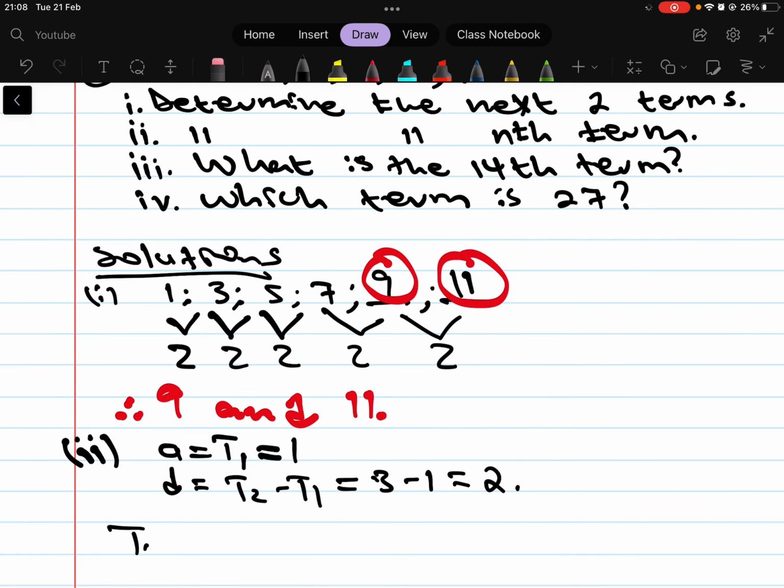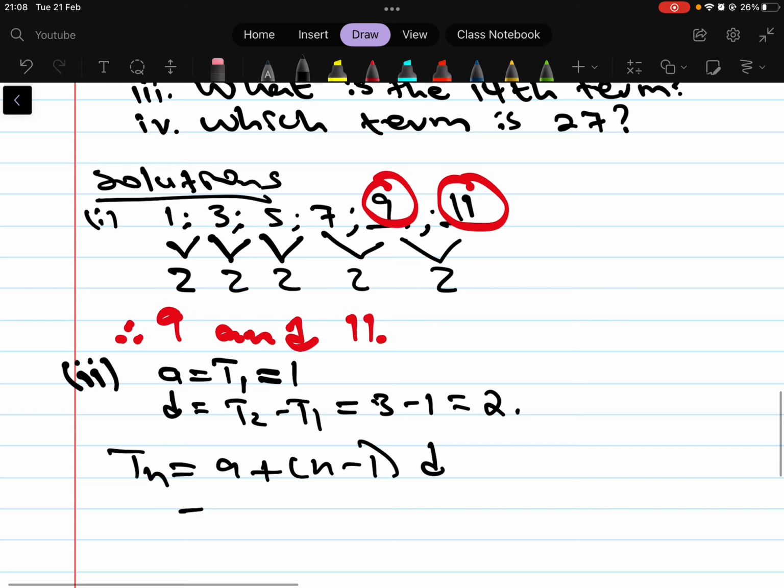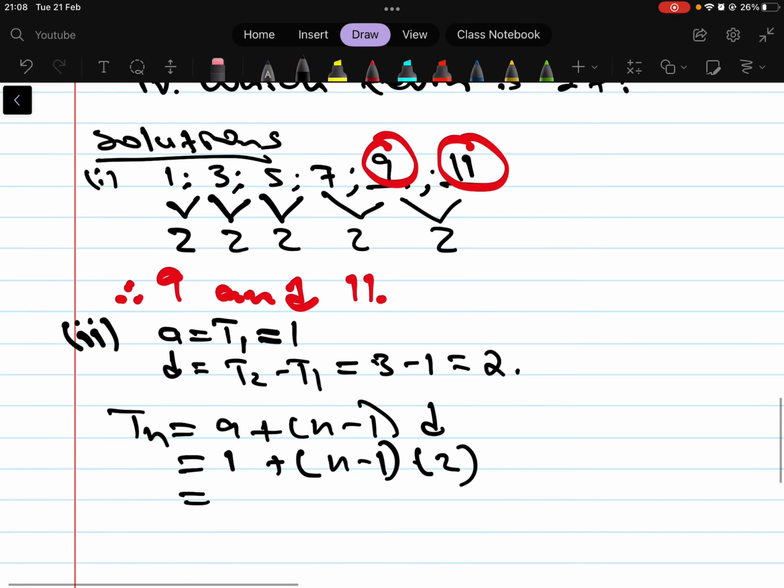Now we go back to the general equation, then we substitute. We just need to rewrite it first before we substitute so that we show all the working. a is 1, and d is 2. Now it's just a matter of simplifying. n minus 1 times 2, that is 2n, and then minus 1 times 2 is minus 2.